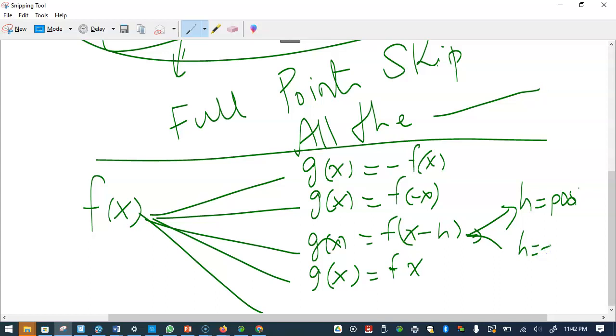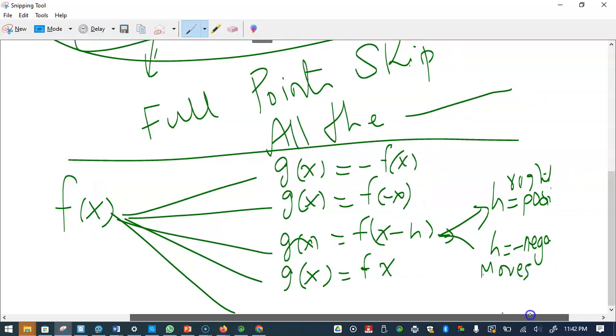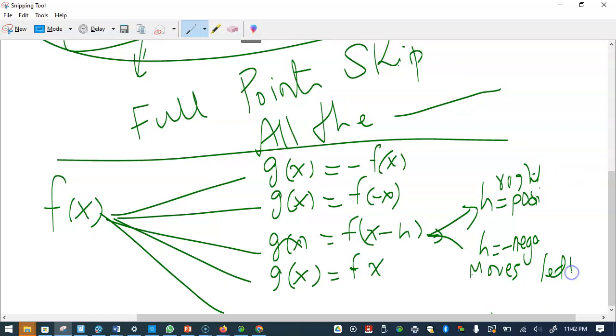So it depends. If h is positive, it moves right, and if h is negative, it moves left. That's what that means.